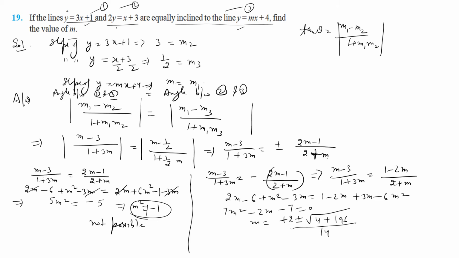So this becomes 2 plus minus, so this is 200. 200 can be written as 10 root 2 upon 14. So if I solve it a bit, you can just leave it, or you can cancel out the terms, like 1 plus minus 5 root 2 upon 7 is the required answer.